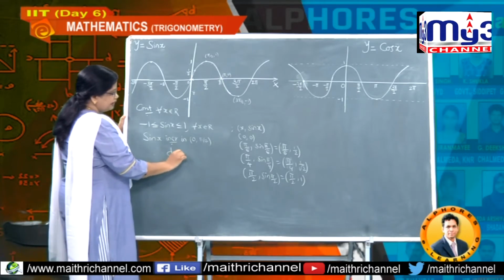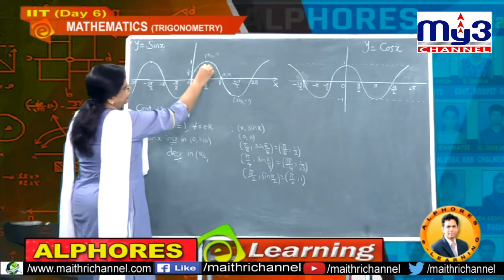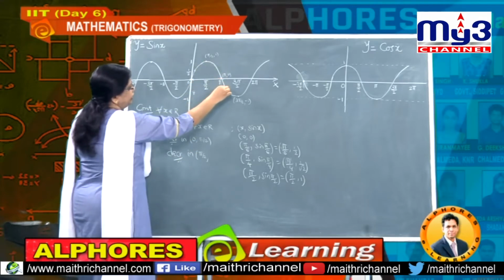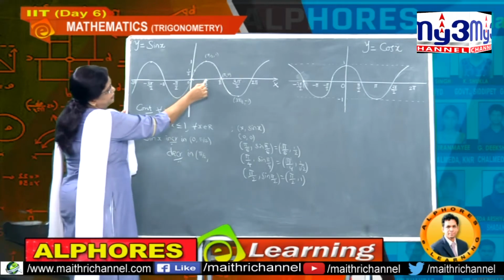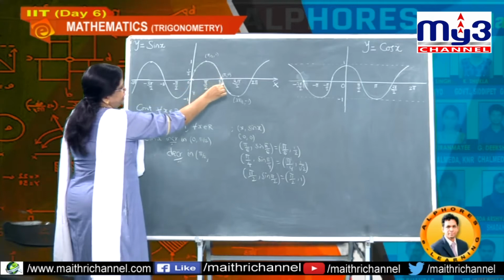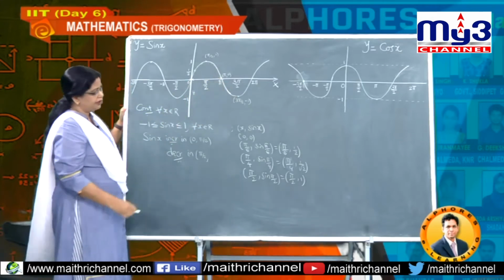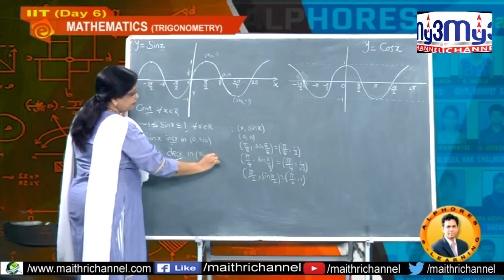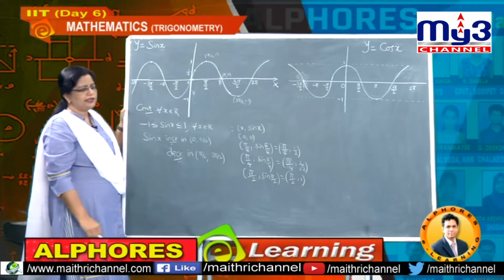So sin x decreases in the interval from pi by 2 up to 3 pi by 2, where you can observe the same nature. If you take pi by 2 onwards, slowly it is decreasing and the values keep decreasing up to 3 pi by 2. So from pi by 2 to 3 pi by 2, you can say the sine function decreases.